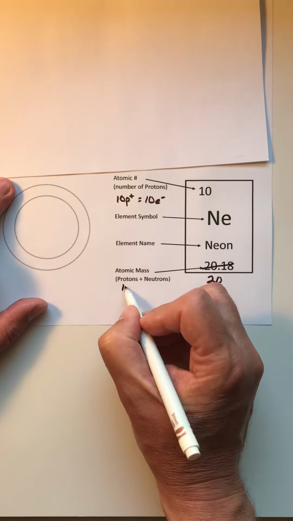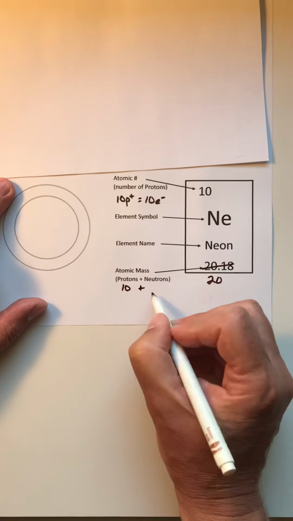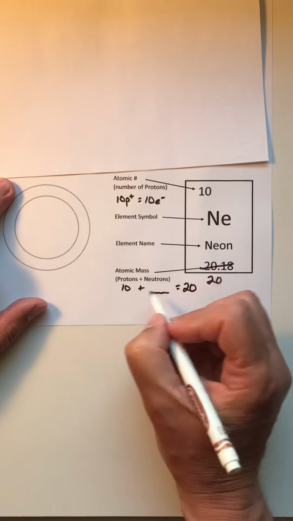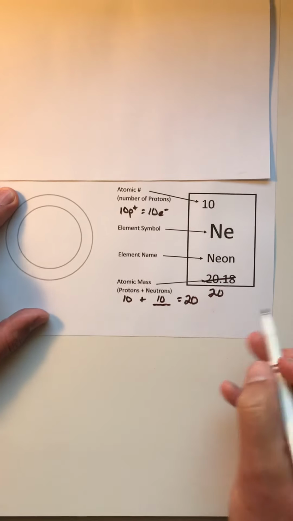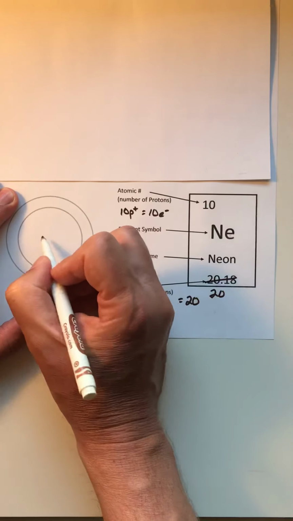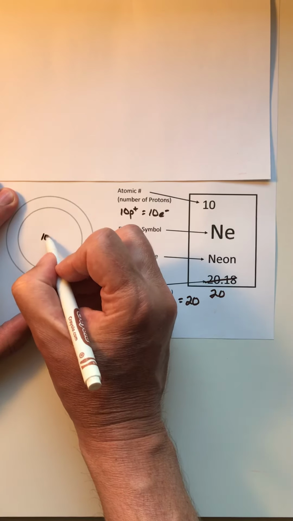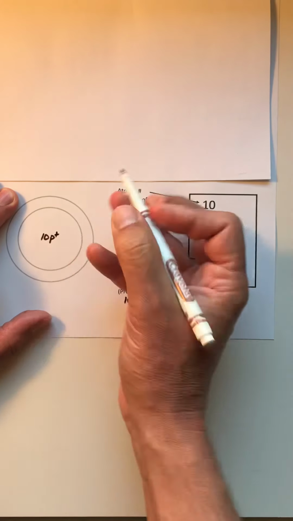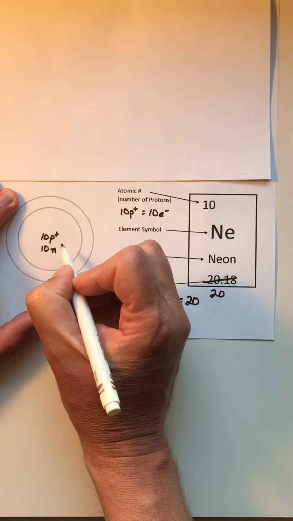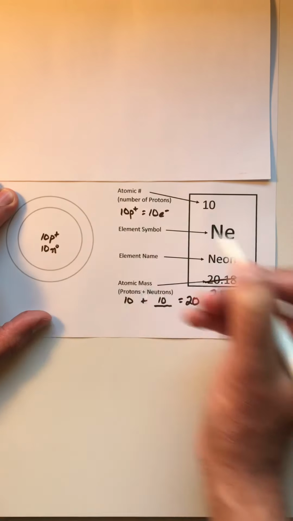So if we have 10 protons plus some neutrons, it has to equal a mass of 20. So 10 plus 10. So in the middle of an atom of neon, there are 10 positive protons, and it also happens to be 10 neutrons that have 0 charge.